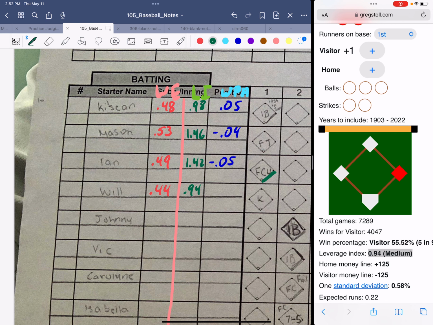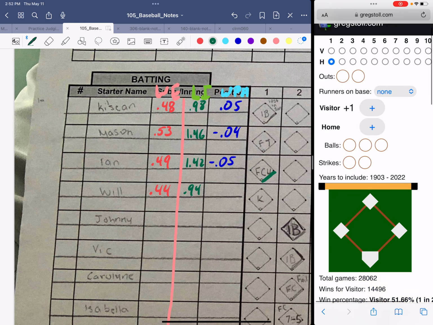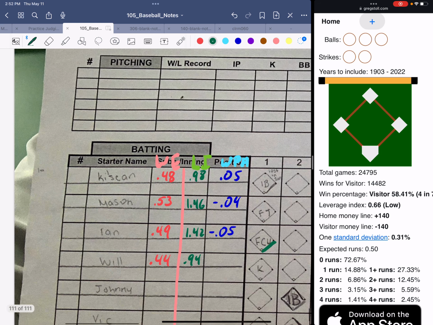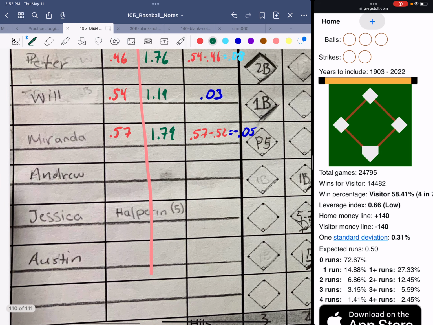And Will sadly struck out. So when Will strikes out, what happens? There's no longer a runner on first. The score stays the same. No longer 2 outs, and we go to the top of the second. Now the visitors are sitting pretty at a 58% chance of winning. So let's go up here. Maybe I'll just denote that we've changed the inning.